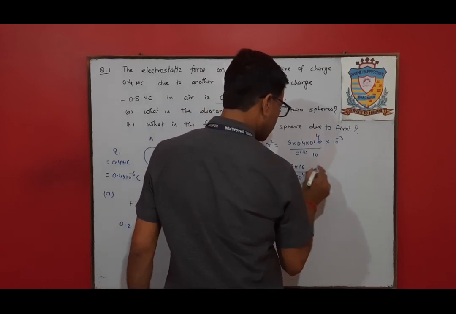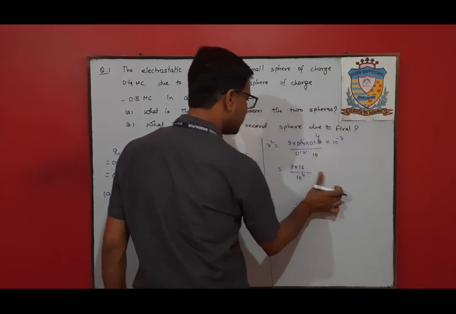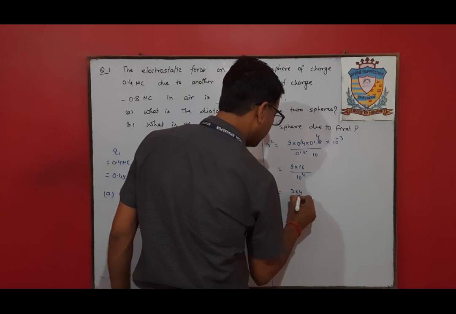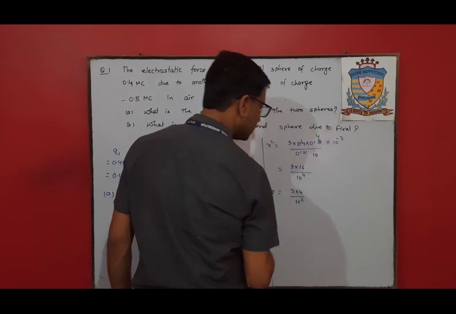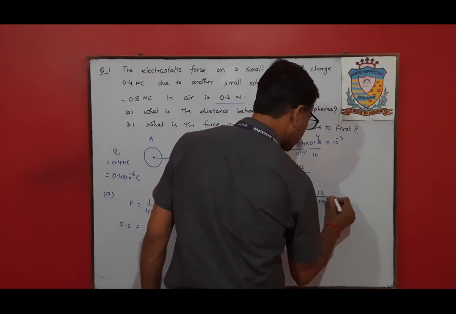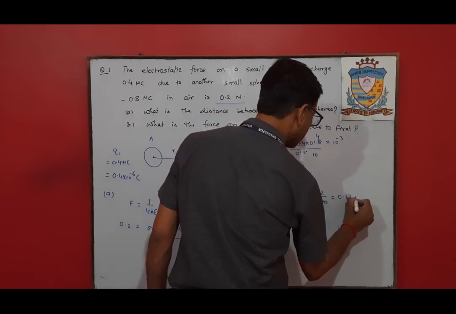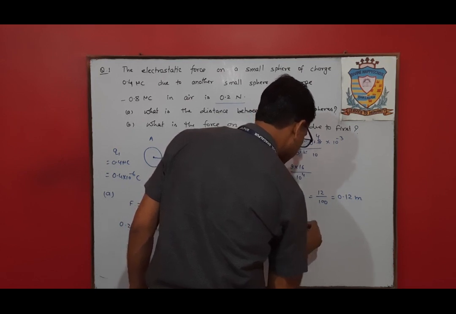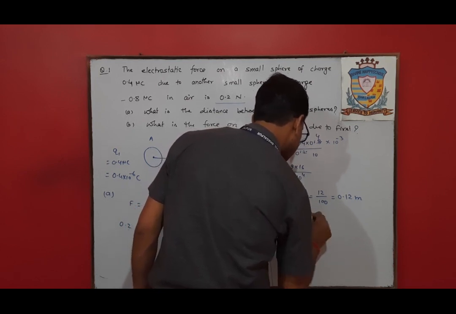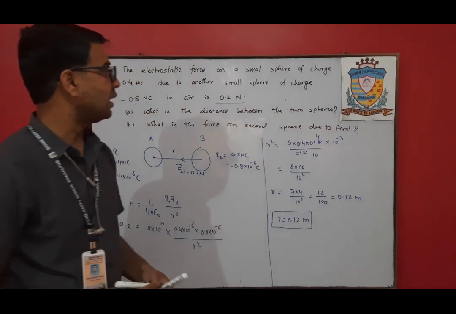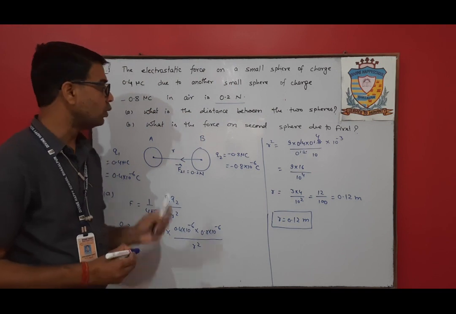So r is equal to 3 into 4 upon 10 to the power 2, or 12 by 100, or 0.12 meter. So r is equal to 0.12 meter, and this is the separation between the two charges.